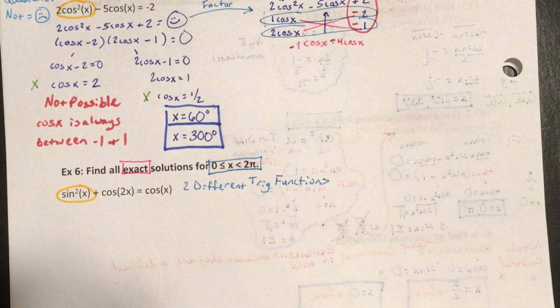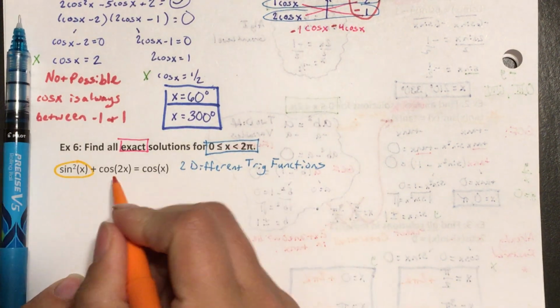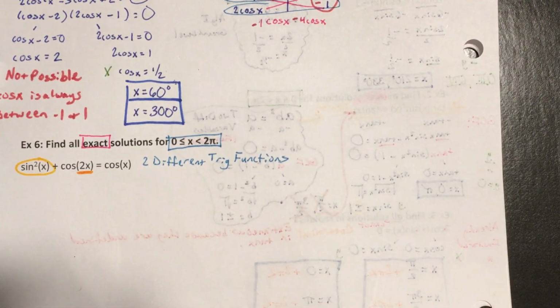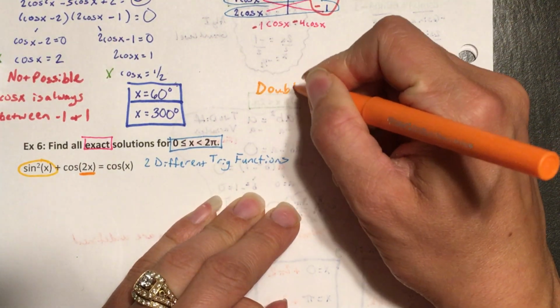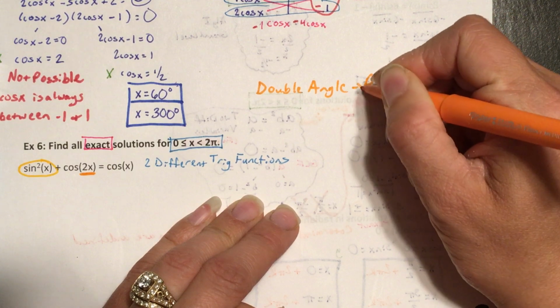The second issue in this problem is the expression for the double angle, cosine of 2x. The most important thing about those double angles is anytime you see a double angle, you replace it.